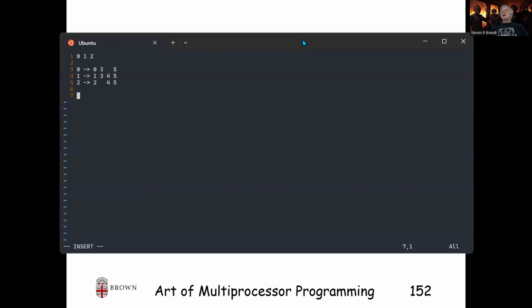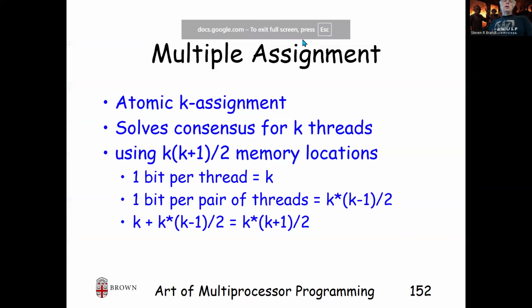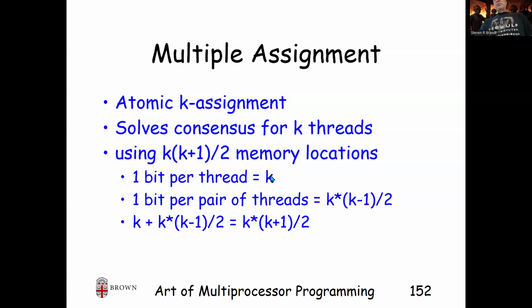So in order to solve consensus with multi-assignment, I need K memory locations. I said bits, but whatever. We need 1 memory location for each thread, and then 1 for each pair of threads.